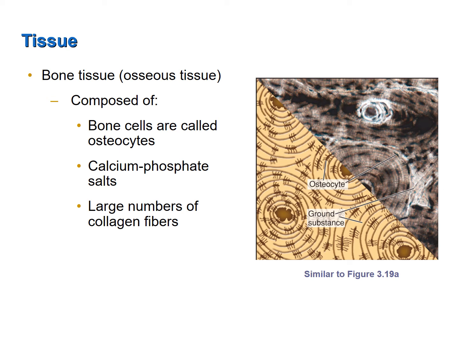Large numbers of collagen fibers also give bone tensile strength and some flexibility. Bone tissue, of course, forms bone, the organ, which is responsible for protecting organs of the body and supporting the body in general.